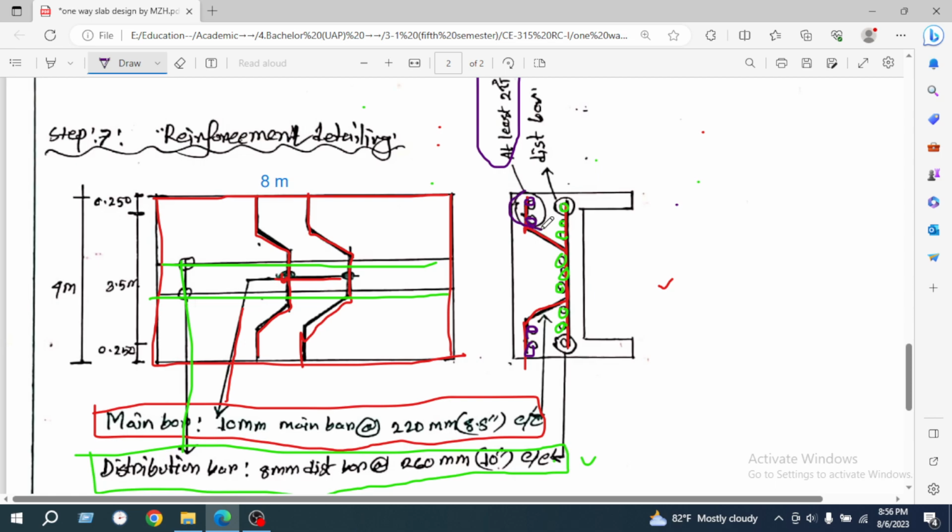That's why we use additional reinforcement. At least two bars are used at the top of the joint.